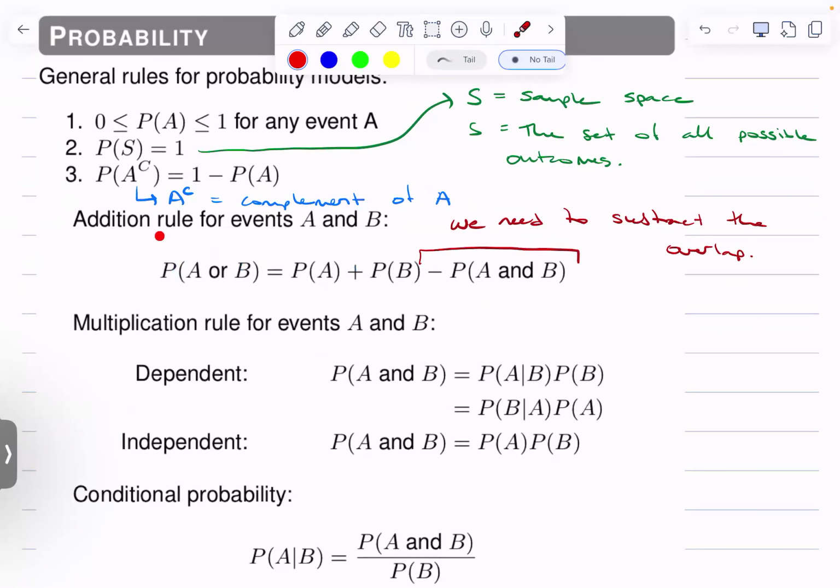We did talk about the addition rule. The addition rule is if you are able to translate a word problem into the probability of A or B, or means addition. And so what you have is the probability of A plus the probability of B, but then remember you have to subtract the overlap.